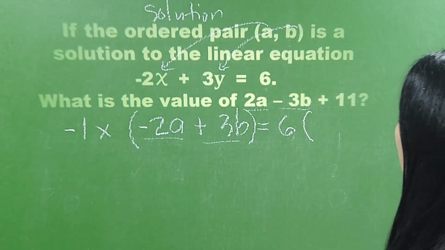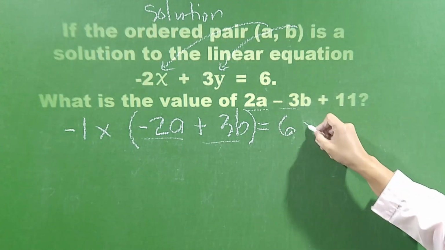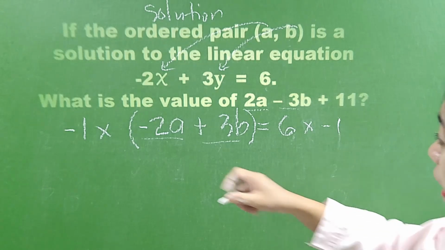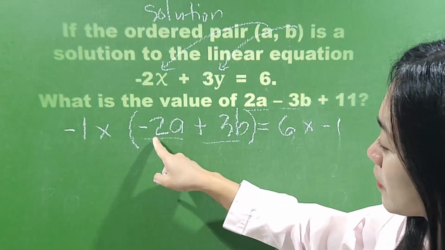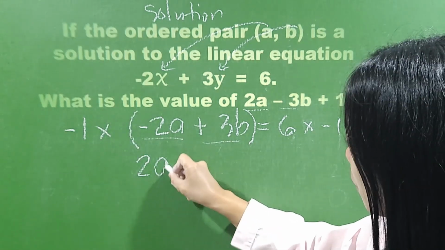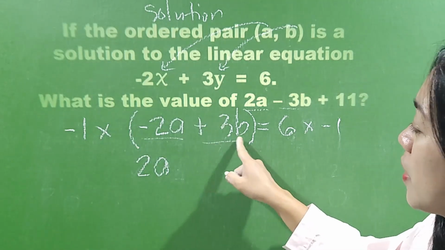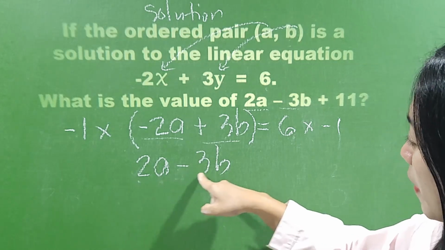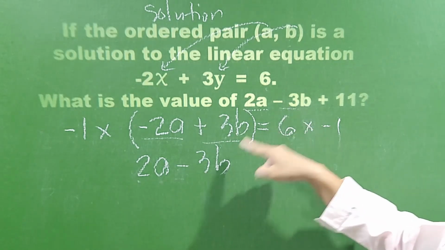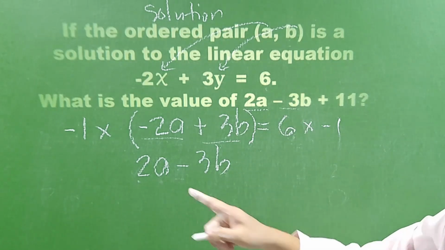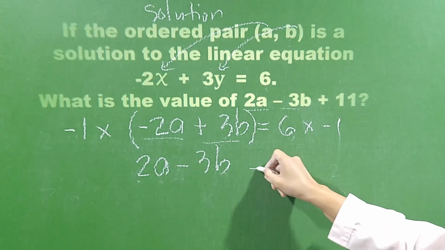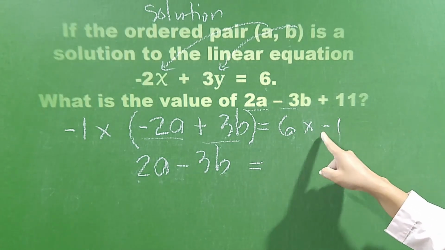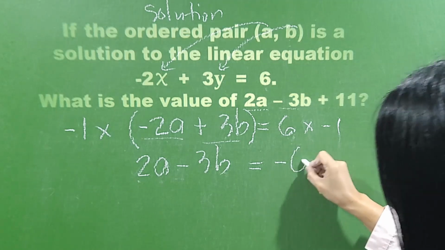So 6 times negative 1. Okay, negative 1 times negative 2a. So this is now positive 2a, and negative 1 times 3b is negative 3b. So we now have here 2a minus 3b. So 2a minus 3b, they are now the same. Okay, 2a minus 3b, this is equal to 6 times negative 1 is negative 6.